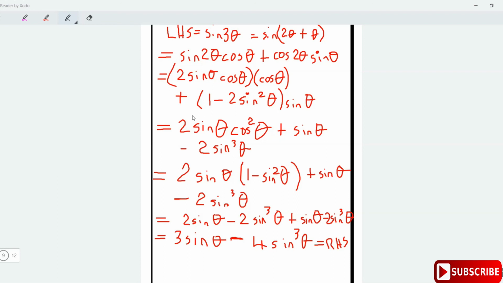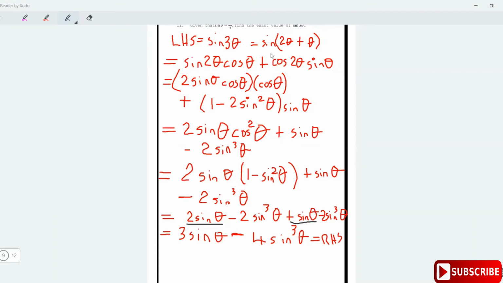Then you expand it to get 2 sine theta cos square theta plus sine theta minus 2 sine cube theta. And then you change the cos square theta to 1 minus sine square theta to get 2 sine theta minus 2 sine cube theta plus sine theta minus 2 sine cube. Then the 2 sine theta plus the sine theta give you 3 sine theta. And then the minus 2 sine cube minus 2 sine cube is minus 4 sine cube. Then that gives you your answer. So that's the first part.